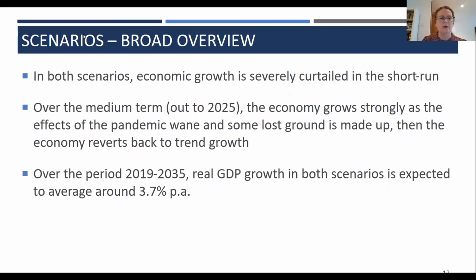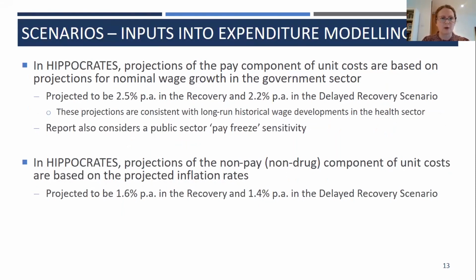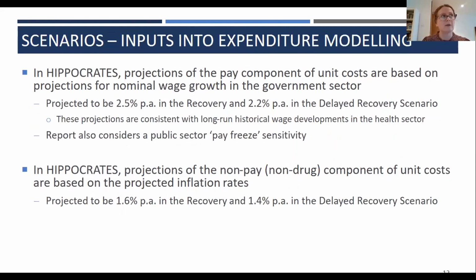So over the period that we're looking at here, 2019 to 2035, real output growth in both scenarios is expected to average around 3.7% per annum. That's a broad overview of the macro scenarios that we looked at for this report.